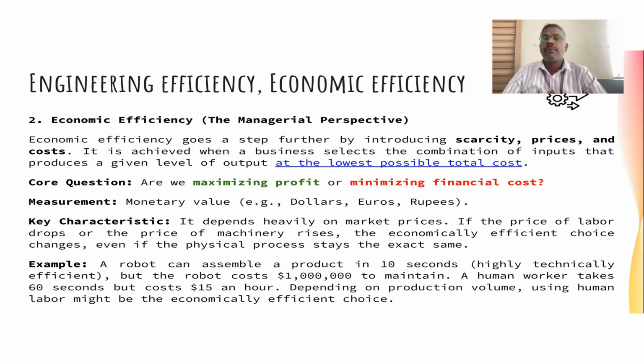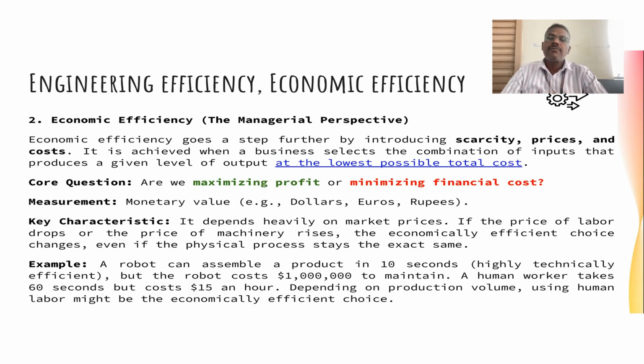Here I give one example. A robot can assemble a product in 10 seconds, highly technical, right? But the robot costs 1 crore to maintain. A human worker takes 60 seconds, but the cost is only 15 rupees or $15 per hour. So when we compare, that's a massive difference, right?